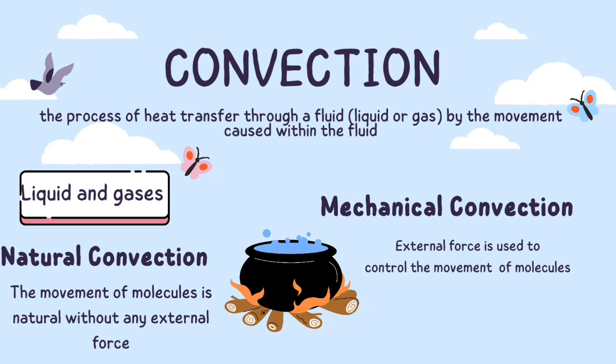In natural convection, for example, a pan is heated through conduction and the same heat is transferred through water molecules. The water at the bottom becomes hot due to conduction. The hot water becomes lighter and moves upward, and cool and denser water sinks until the water is heated. This process is continuous until the heat is evenly distributed.